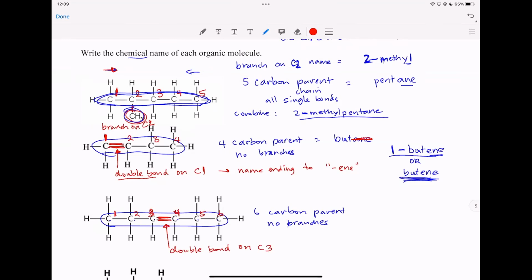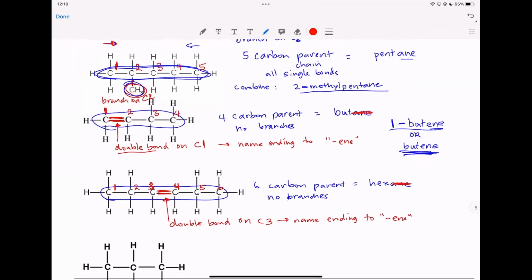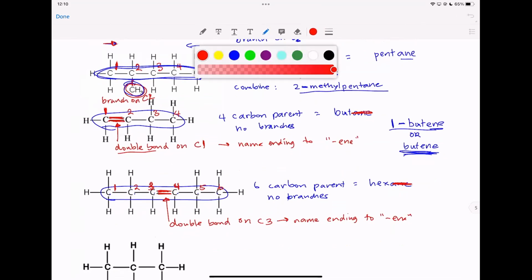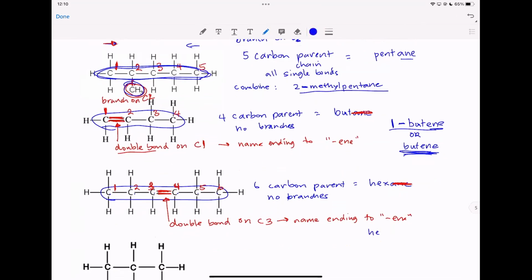So what that means, though, is the 6 carbon parent would be named hexane. Okay, but because there's a double bond, we want to take off the A-N-E and change that name ending to the E-N-E to indicate the double bond. So this is going to be, instead of hexane, it's hexene.